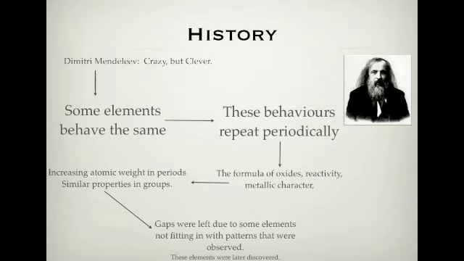So every 8 elements had a similar property, and he arranged them in a certain fashion to show off these properties. The properties were kind of like the formula for the oxides. So when they combine with oxygen, how they group together and bond.